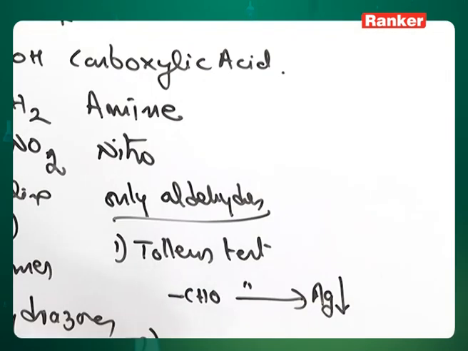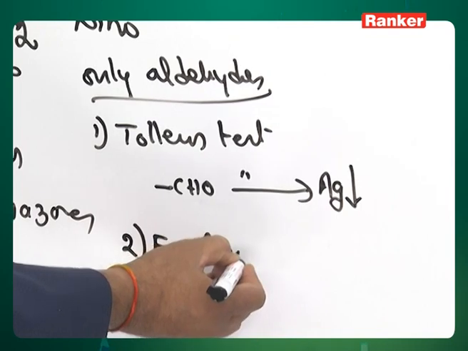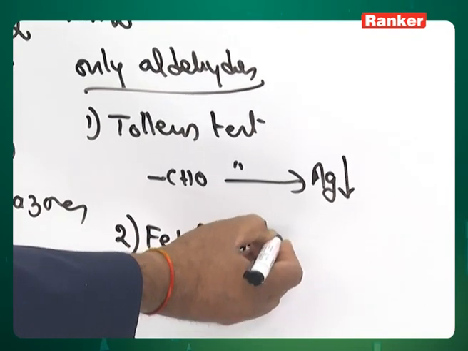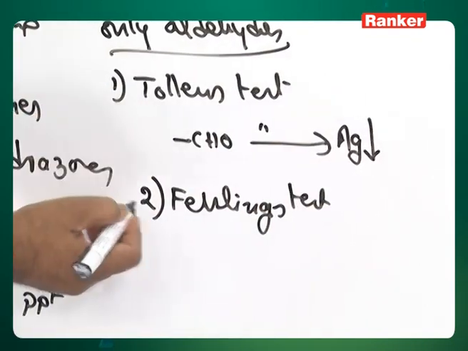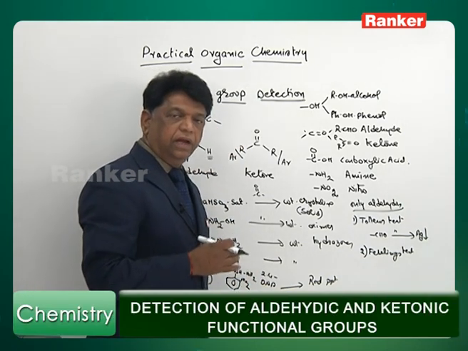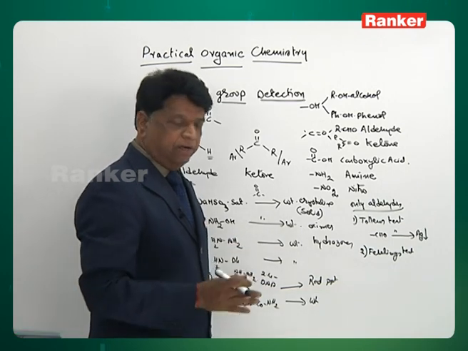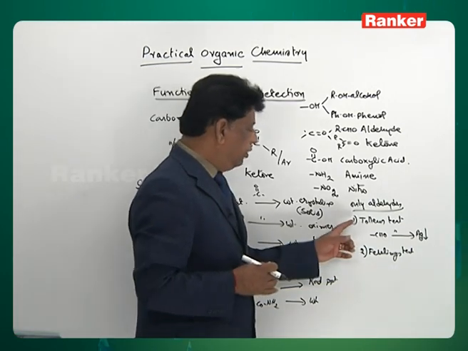You can also go for the Fehling's reagent, Fehling's test. Both Tollens and Fehling reagents are not readymade, not available. You have to prepare your own.